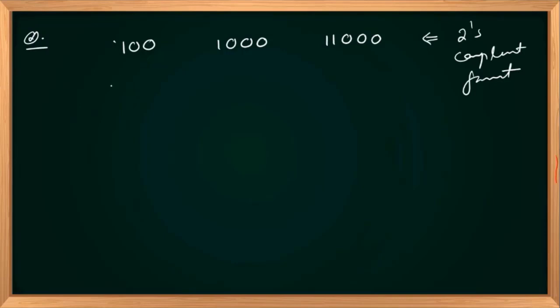So this number is negative because MSB is 1, and I'm talking about 2's complement representation. So the pattern will be the same as this. So it's minus 4. This number is also negative, and I should take the 2's complement. The same pattern will be its 2's complement, right? So it is minus 8.